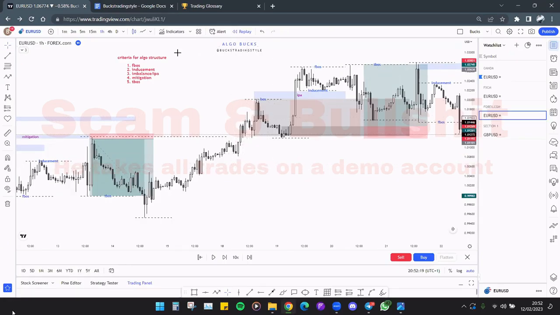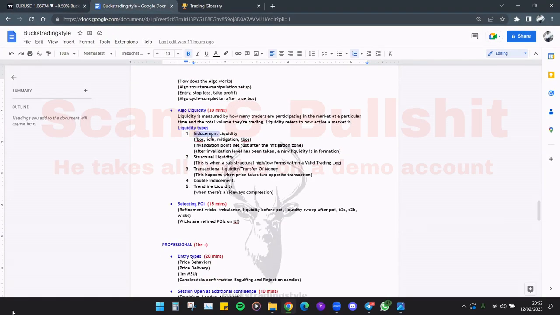We have talked about the three basic types of liquidity, which are the inducement liquidity, the structural liquidity, and the transactional liquidity, right? These are the major types of liquidity we have. The inducement liquidity deals with external structure, the structural liquidity deals with internal structure, and then the transactional liquidity deals with external structure.